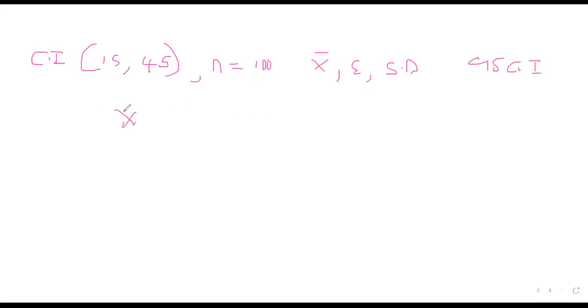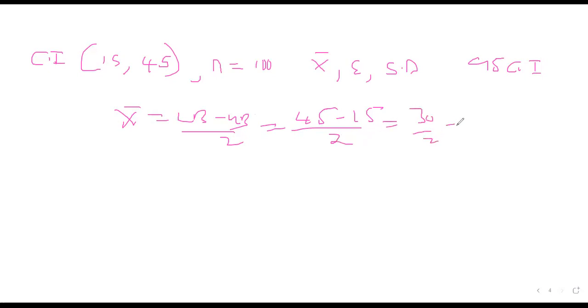So already the error is simply the difference between the lower bound and the upper bound, divided by 2. So 45 minus 15 is 30. 30 divided by 2, we get 15 as our error.